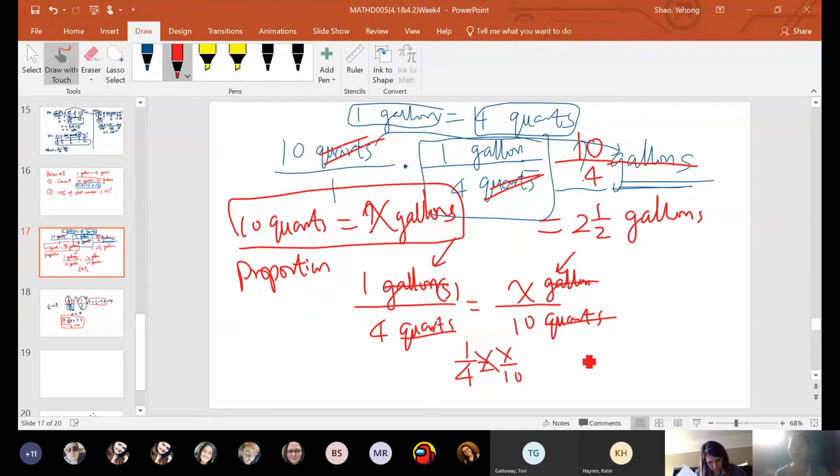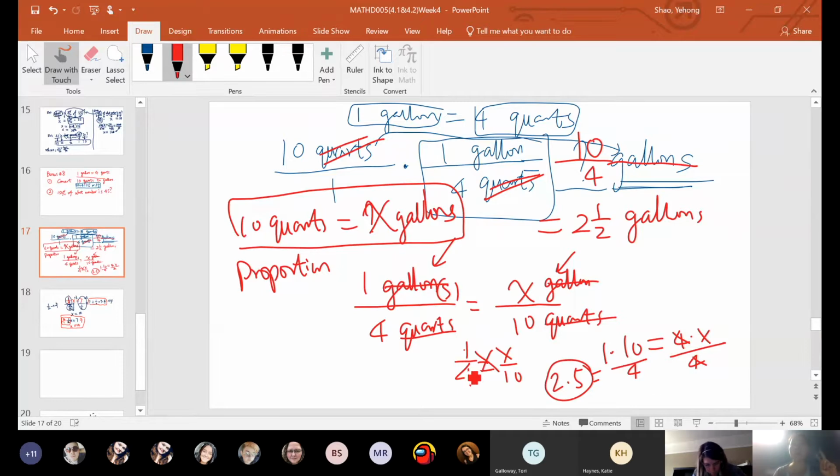They're equal to each other. So 1 times 10 equals 4 times X. And we can divide both sides by 4 in order to get rid of the number in front of X. As you can see, still exactly the same thing. 10 divided by 4, you get 2.5. Exactly the same answer for that X there.